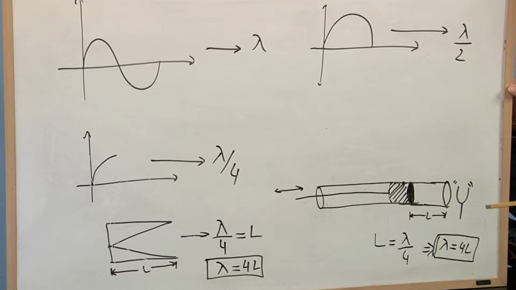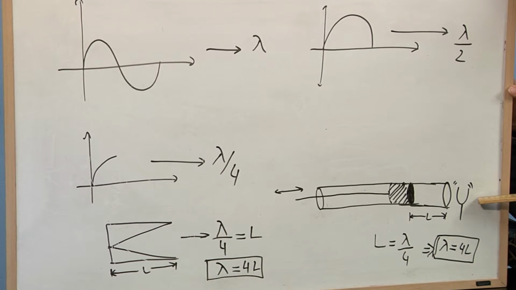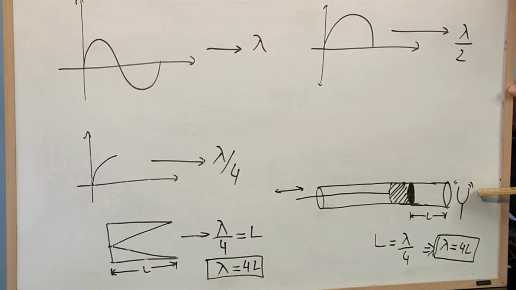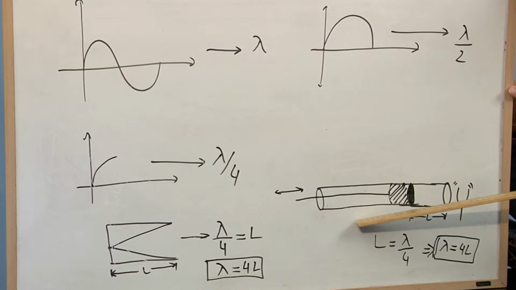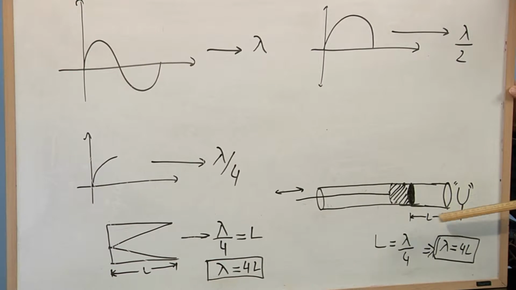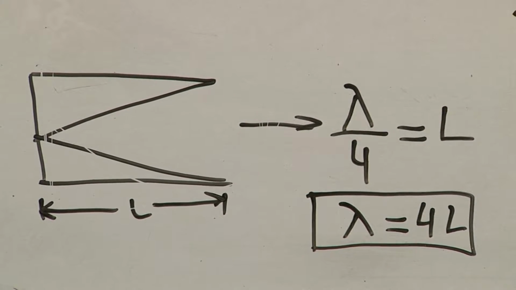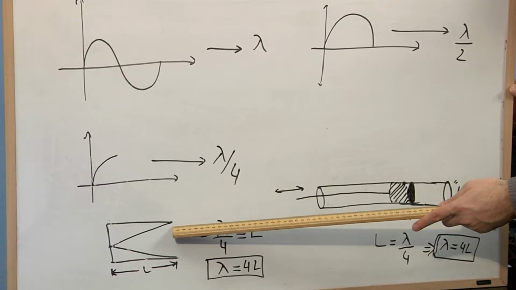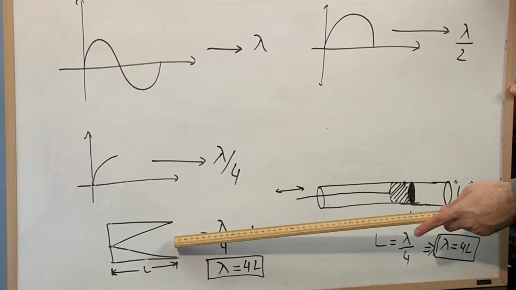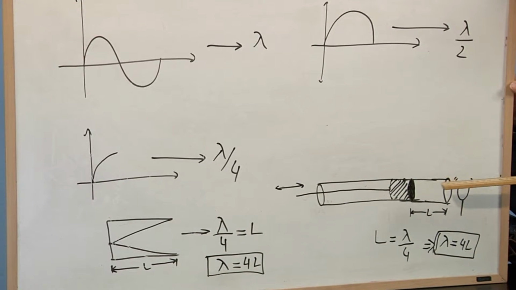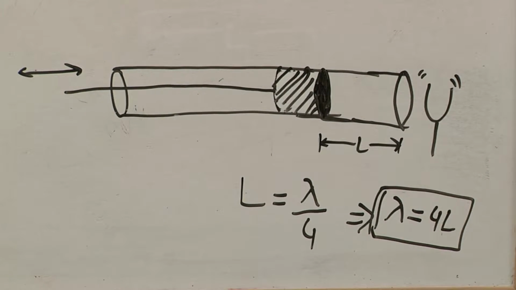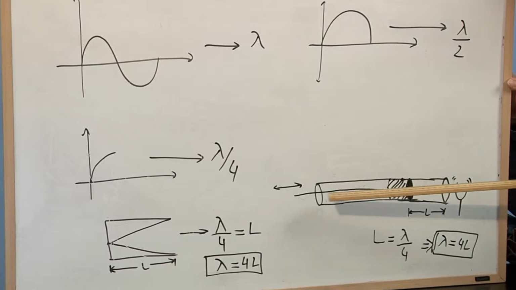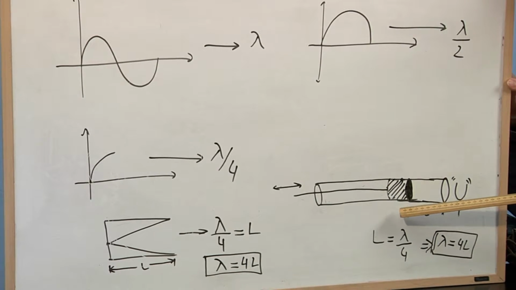In our experiment, we have the tuning fork over here. We're going to vibrate the tuning fork at this end. With this piston, you can move it backward and forward. We will try to find when a quarter of the sound wave fits in this tube. At this point, you're going to be able to hear the sound, and that's called a resonance and the first harmonic. So we will try to find the first harmonic by pushing or pulling this piston backward and forward.